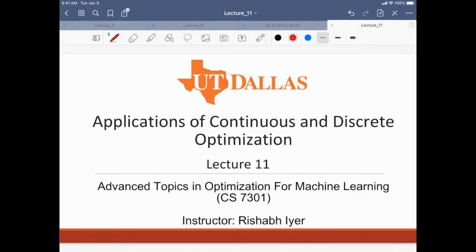So I think in the last 10 lectures we looked at the optimization problems and also algorithms. We looked at continuous optimization at one end, and we looked at discrete optimization, and then we looked at different flavors of optimization.